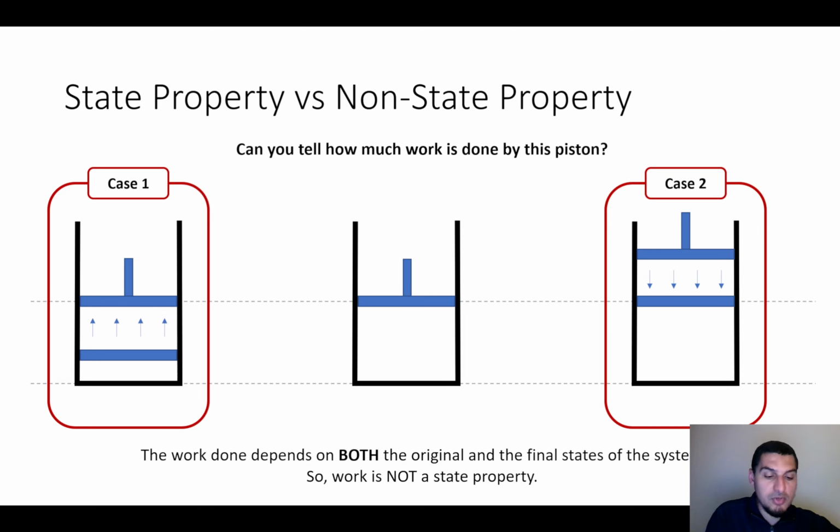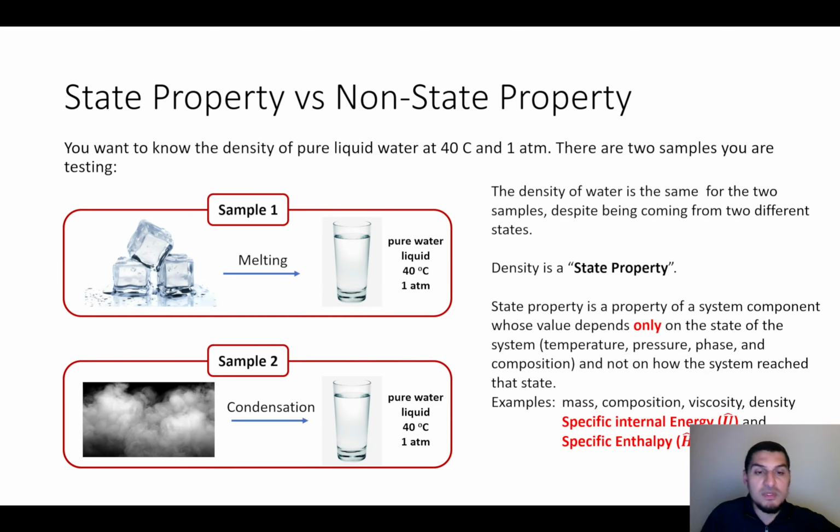Again, the point I want to make out of this video is that the specific internal energy and specific enthalpy are state properties. I do not need to know the previous state, or the previous state doesn't matter, in order to calculate the current value of the specific internal energy and specific enthalpy of the system.